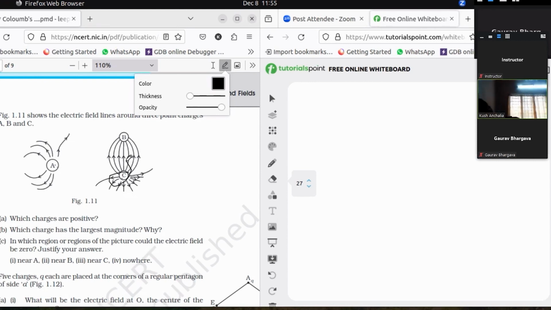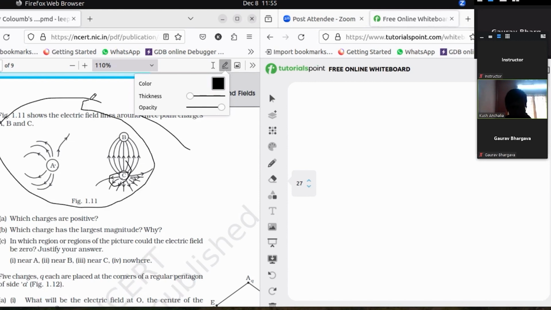In which regions of the picture could the electric field be 0? Net electric field can be 0. This is plus, this is plus, this is minus. If you want the electric field to be 0, just enclose it, and you will find the field.